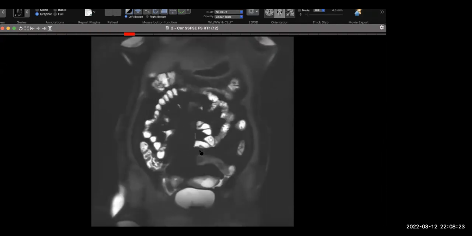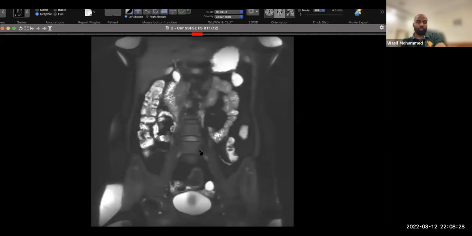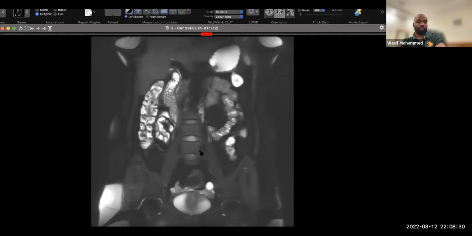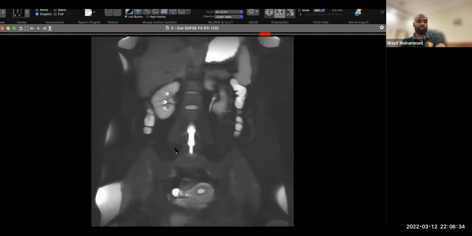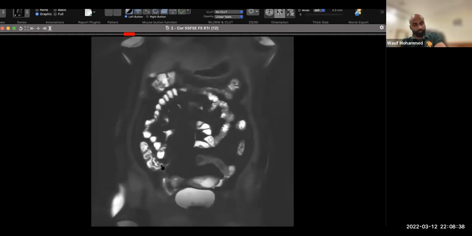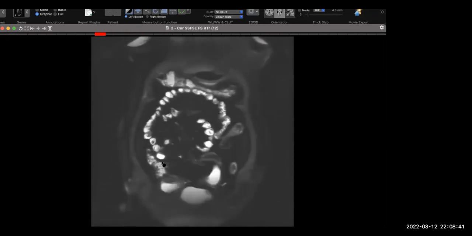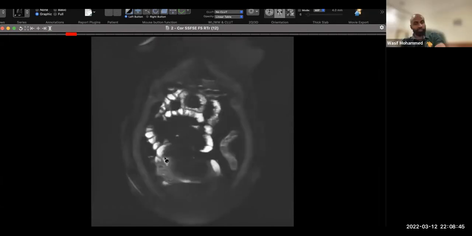Which is the area you would be most concerned about for a patient you've done an MR enterography study for? Is there any segment of the bowel you would be most concerned about?